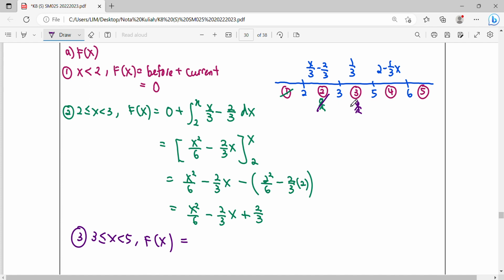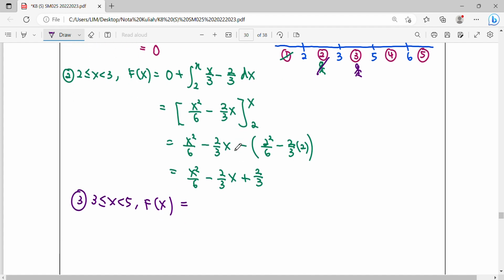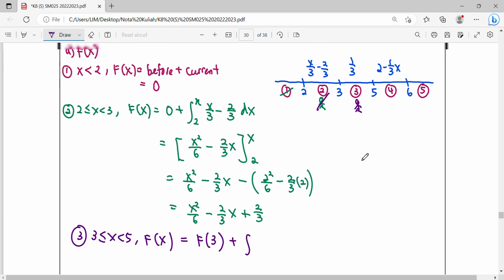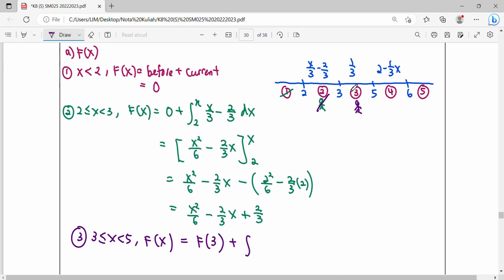Boleh kamu pandang balik perjalanan di sini, maksimum kamu dah boleh longkok sebanyak nilai 3. So before and current, before that you already accumulate up to 3. Currently, when you're on this interval, what's your probability, what's your area?